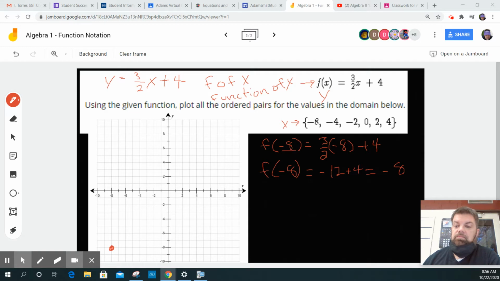Okay? So then, if we're going to graph this, let's just go ahead and put it in our graphing calculator. So turn your calculators on, and let's plot these points.